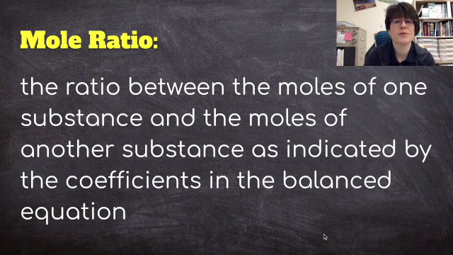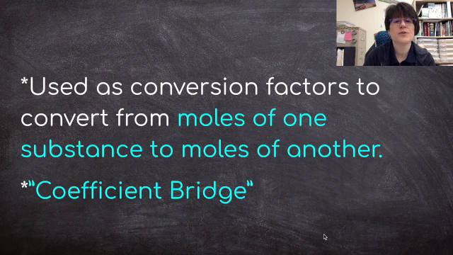This is the ratio between the moles of one substance and the moles of another substance as indicated by the coefficients in the balanced equation, and these are really important. These are used as conversion factors to convert from moles of one substance to moles of another. Sometimes we refer to these as a coefficient bridge.